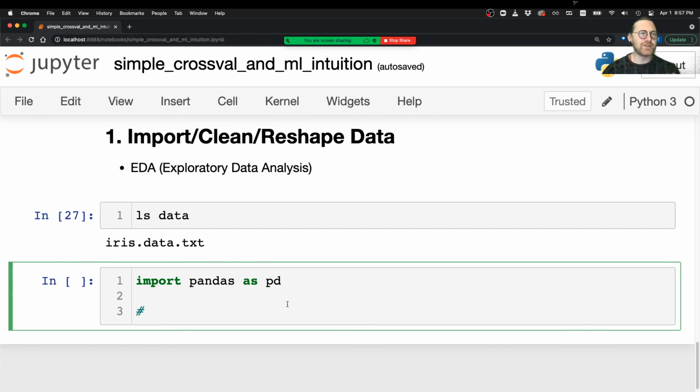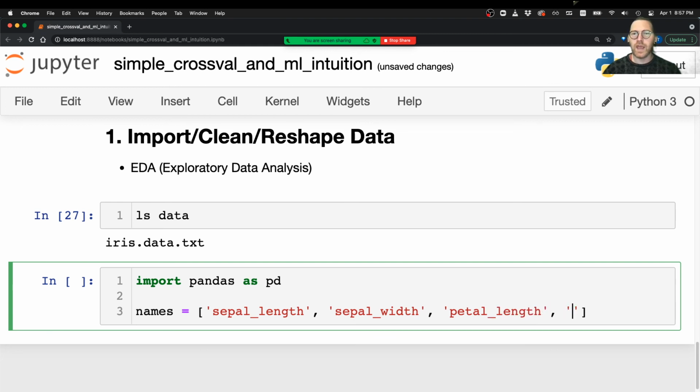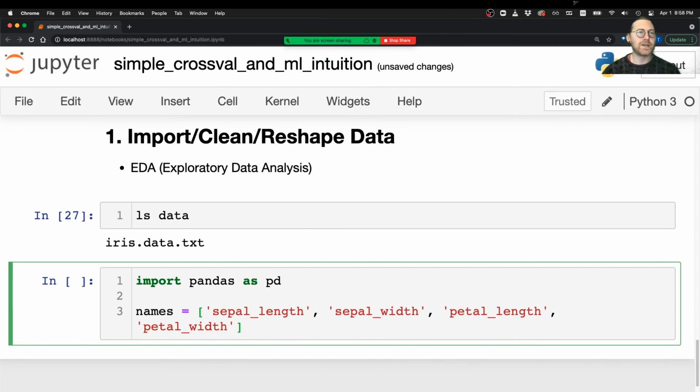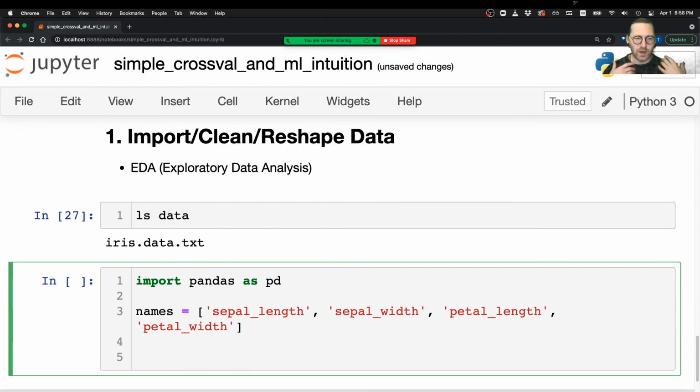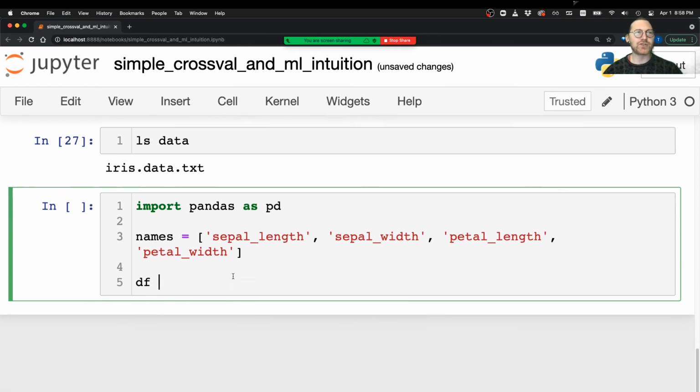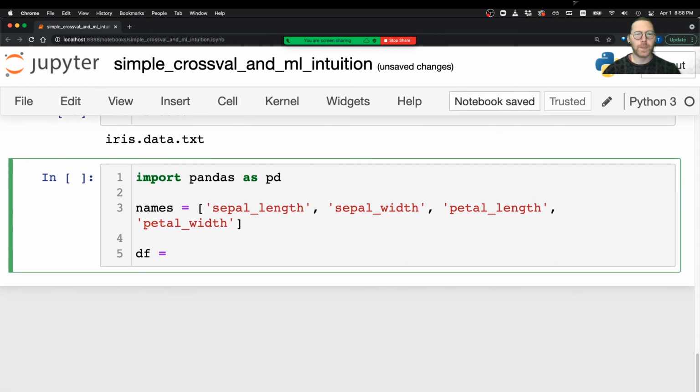So I'm going to just define these names. All that said, we've got the sepal length, the sepal width, the petal length, and the petal width. And from that, when I load the data, which I'm going to do right now, I'm going to load this into a data structure called a data frame, which is a pandas data frame.